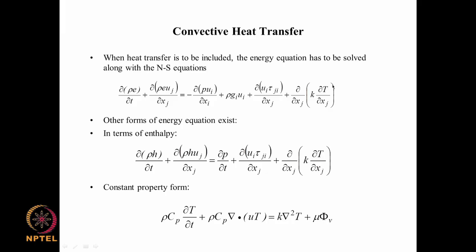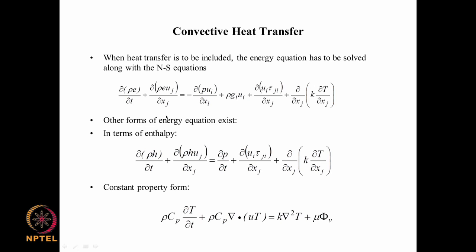So here we have one form of energy equation written in terms of the total energy, which is internal energy plus kinetic energy. This small e is the specific internal energy plus specific kinetic energy. So that is I plus half u_i u_i is what this total energy is.